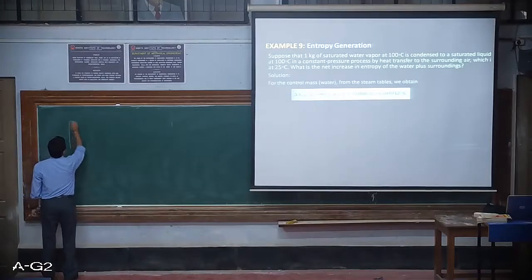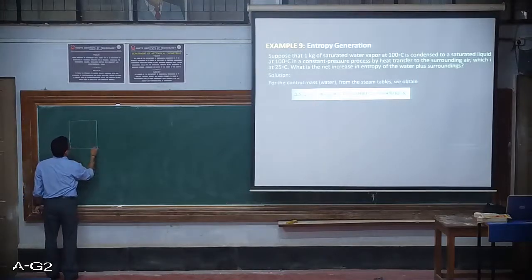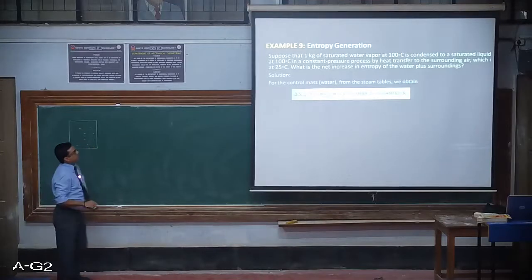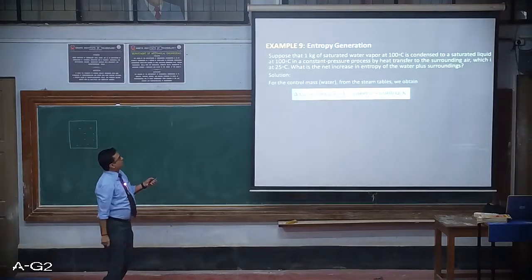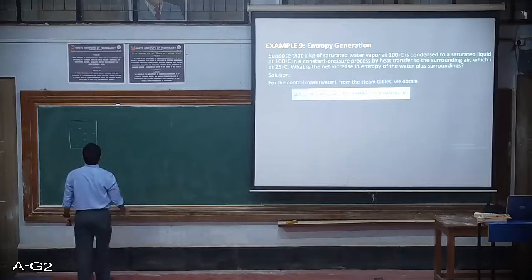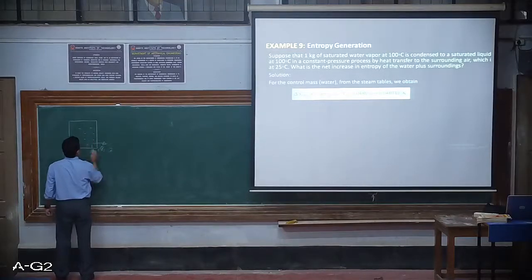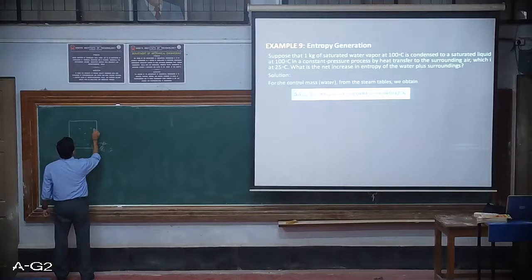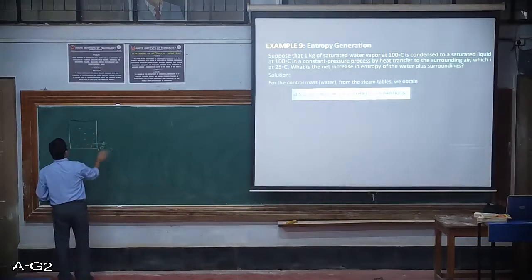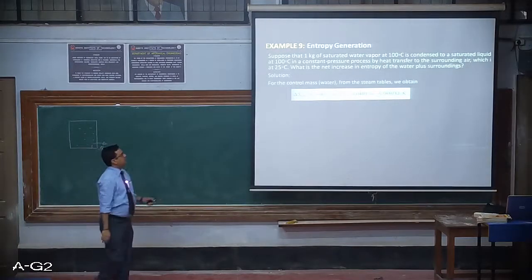This is the diagram under consideration. So here we have the saturated water vapor at 100 degrees Celsius that is condensed, meaning heat is lost from 1 to 2, from outside heat is lost. So what is the entropy generation for this particular arrangement?